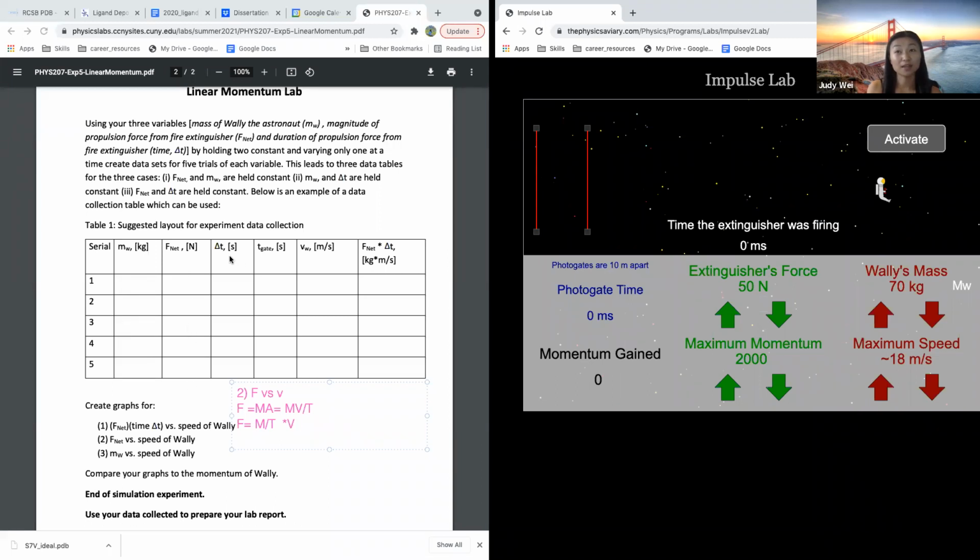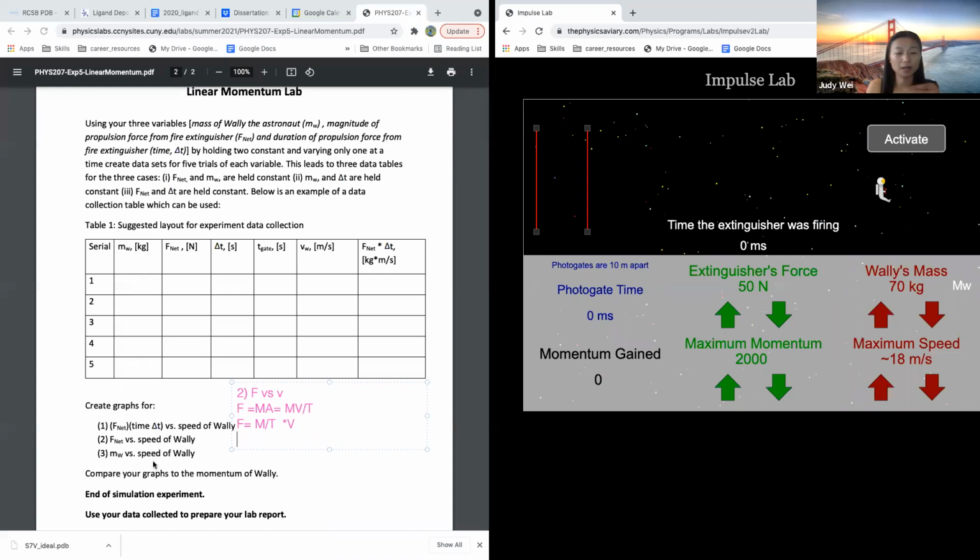We try to make the extinguisher's time constant. Even though it's hard, we try to make the time measurements close to each other. And the T gate, you can read it from here. And the speed, we can calculate it by 10 over T. And you don't do the last column as well.